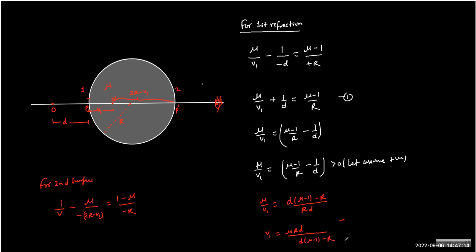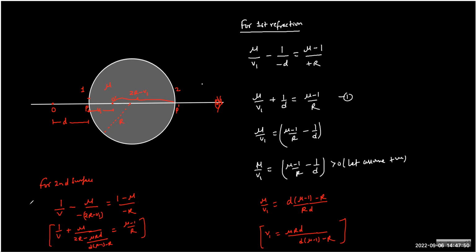I'm not taking any value as of now, so this becomes tedious to solve. 1 by V plus mu by 2R minus mu R d upon d mu minus 1 minus R. I can write this as mu minus 1 by plus R. Given a value, this could have been solved easily.